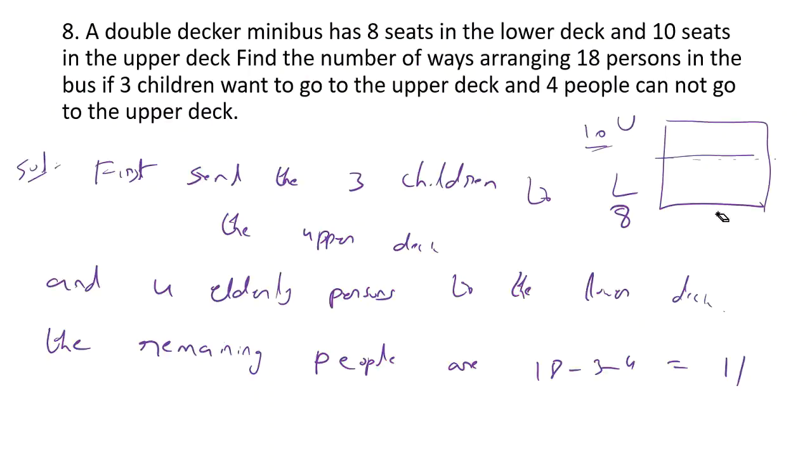So we have 11 people here, and we have to distribute these 11 people into these 2 decks. I cannot send all the 11 people to the upper deck and I cannot send all the 11 people to the lower deck. I can send only 7 people to the upper deck and only 4 people to the lower deck. So if I select 7 people from 11 people, those 7 people will go to the upper deck and the remaining 4 people will go to the lower deck.